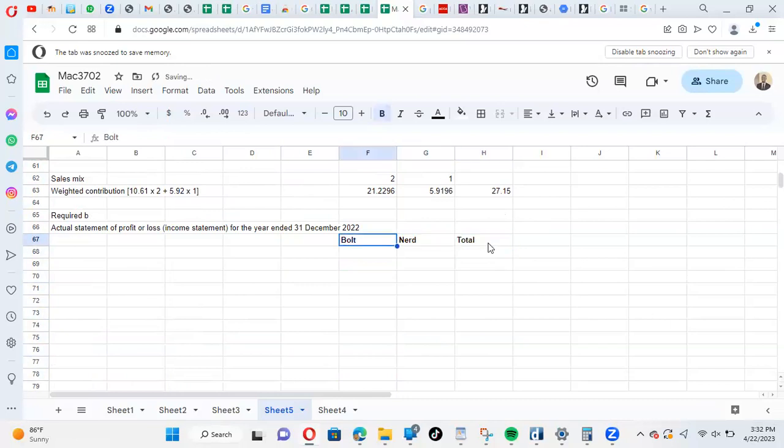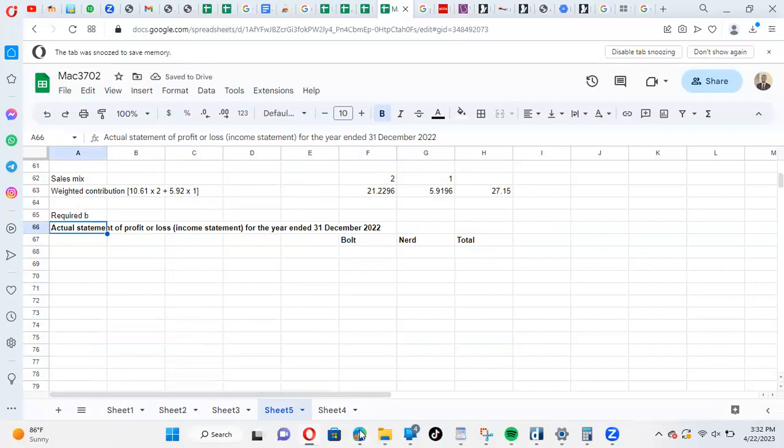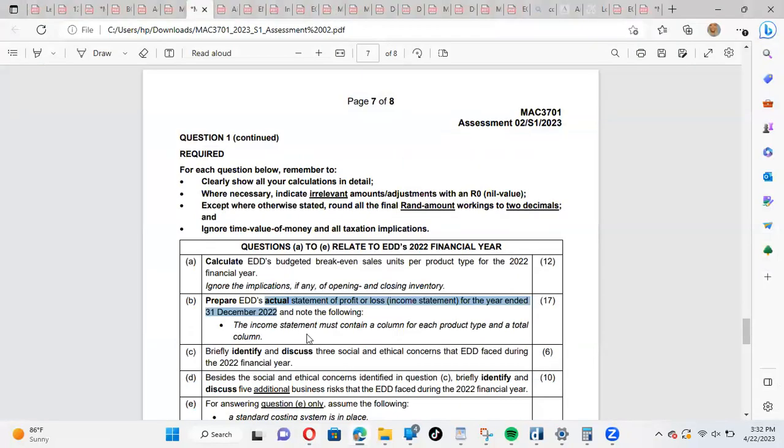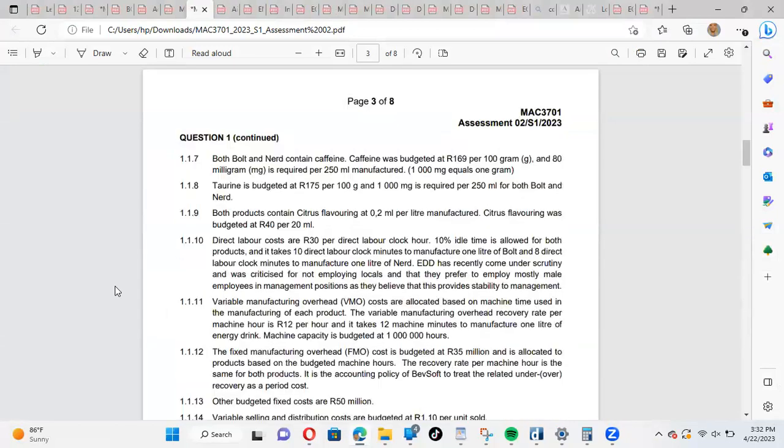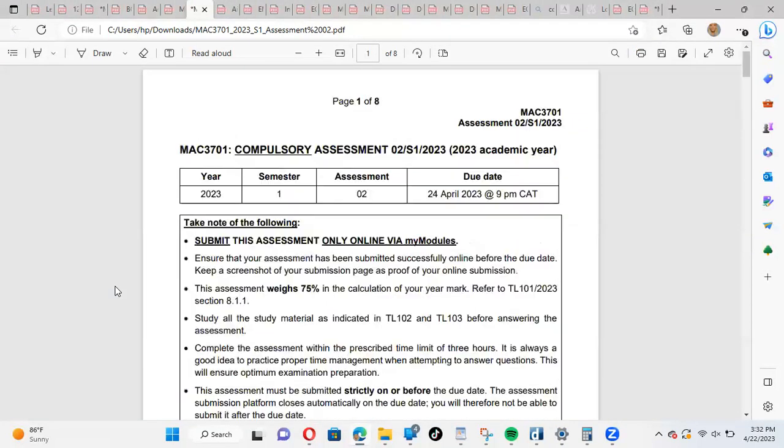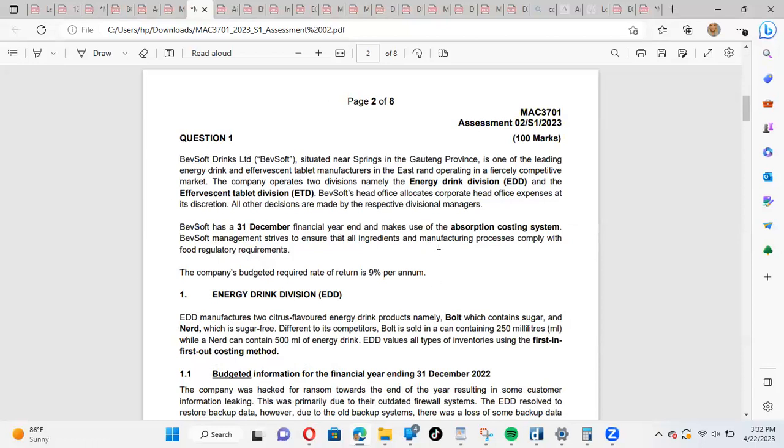Once we are asked to do this, let's quickly investigate which method we are using. Here they never said, so let's check what method they use. Is it absorption costing or variable costing? They are using absorption costing, so you will have to stick to that one.